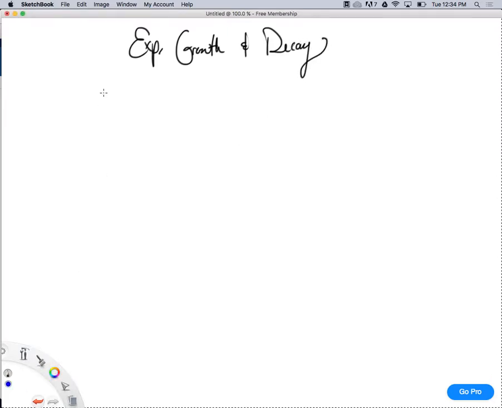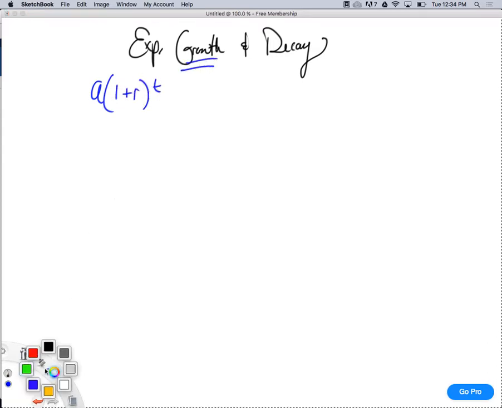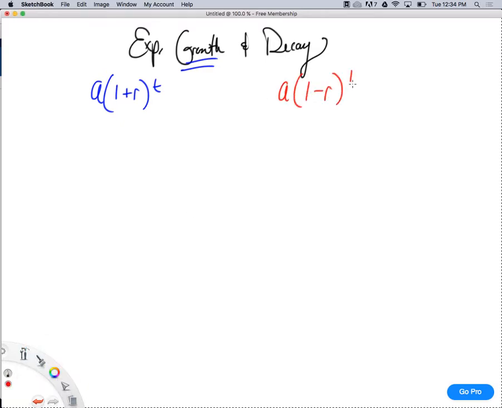All right. Next is exponential growth and decay. These are the equations, right? Exponential growth is A times 1 plus r to the t. That's exponential growth. And exponential decay is A times 1 minus r to the t.